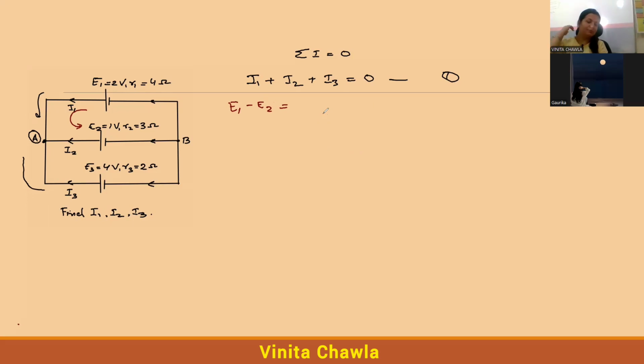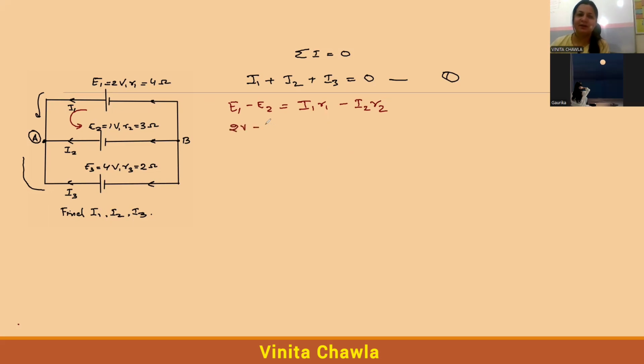क्लियर? अब करंट कैसे करोगे? Current I1 is flowing in this. So I1 R1 minus I2 R2. Now put the values here.